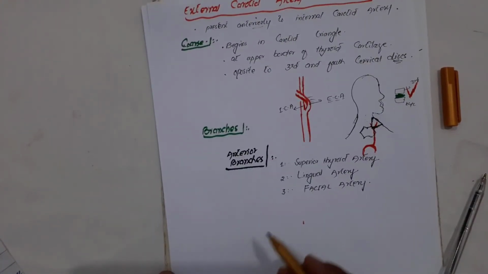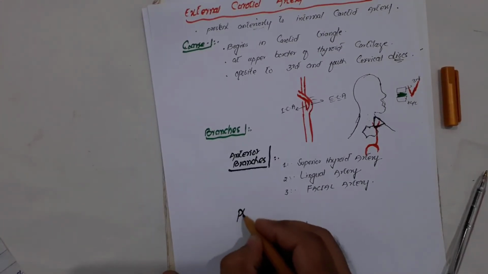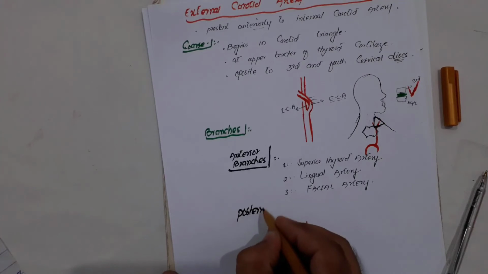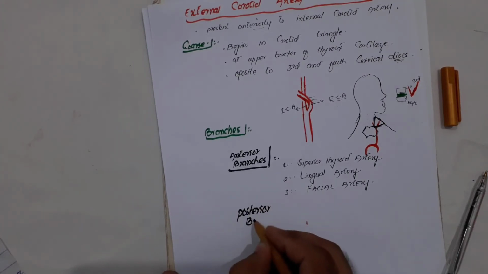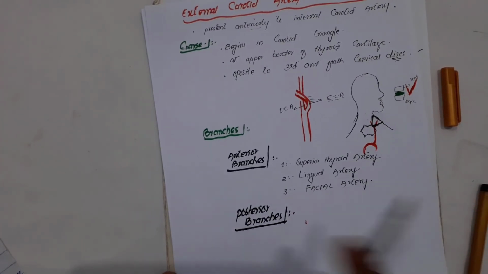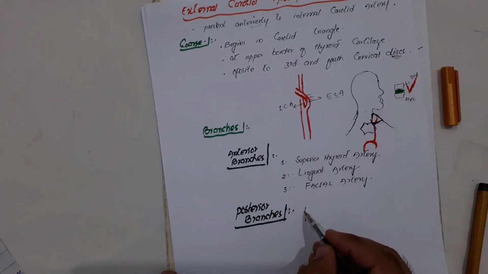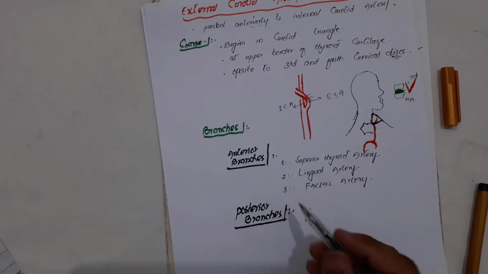Now there are the posterior branches also. What are those branches which arise from the posterior aspects of the external carotid artery? There are two branches which arise from the posterior part of this external carotid artery.